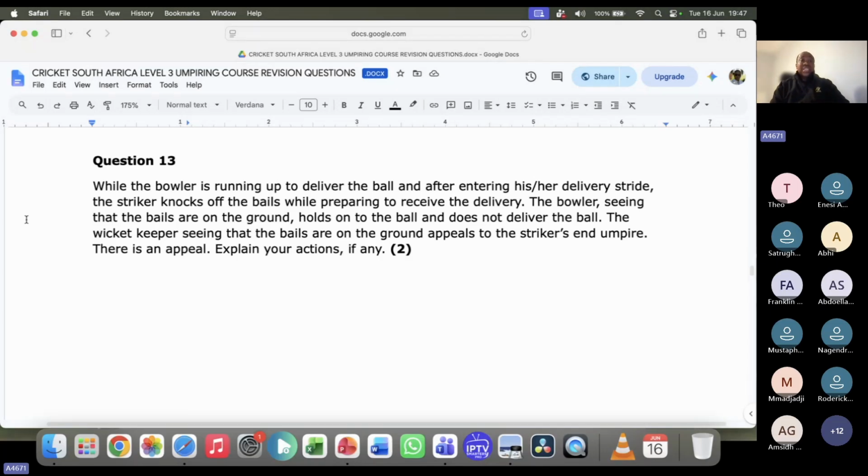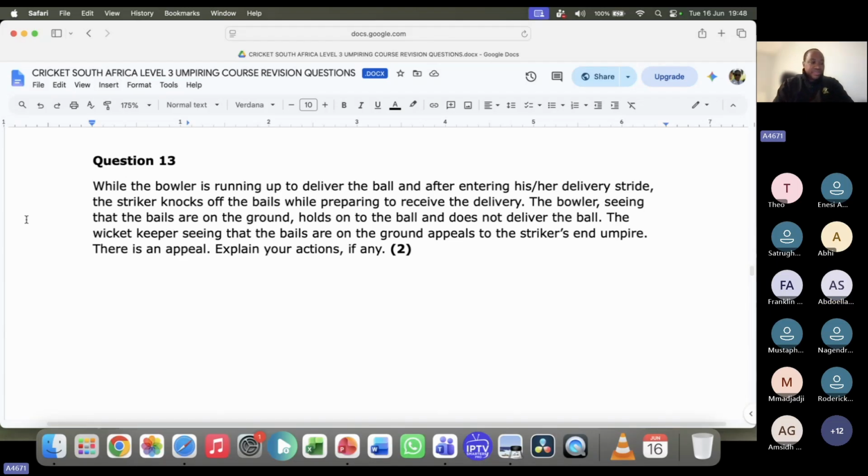The wicketkeeper, seeing that the bails are on the ground, appeals to the striker's end umpire. How was that? There's always going to be an appeal when the striker puts his or her wicket down. Please answer the appeal and explain your actions, if any.